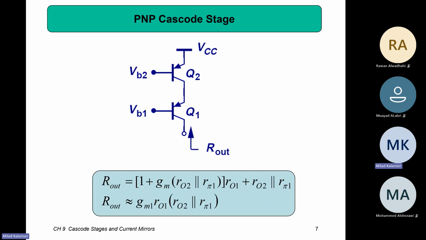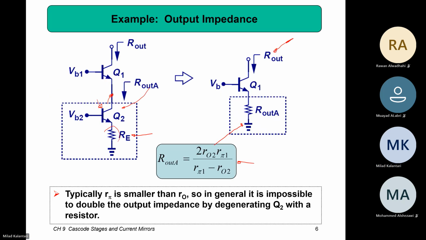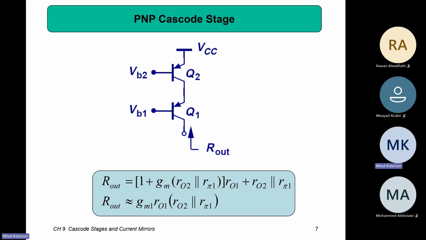But even if you put in an ideal current source, the final value would be limited to beta times RO1, and RO1 doesn't change that much. That's why we may not keep stacking up more devices. It doesn't help to increase the R out any further.